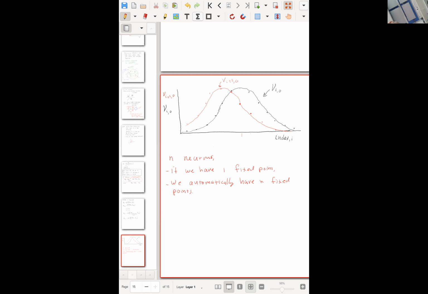Okay, so the two questions we want to ask in the next part, we won't finish this off, maybe we can answer one of these. Question number one: can we have multiple line attractors in one network?